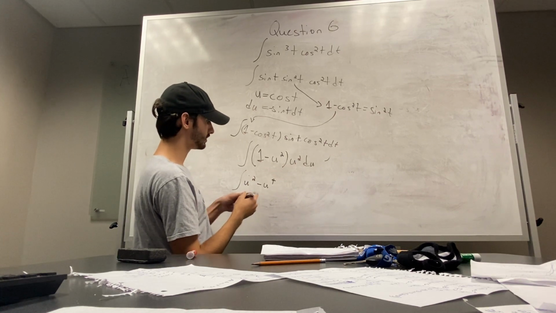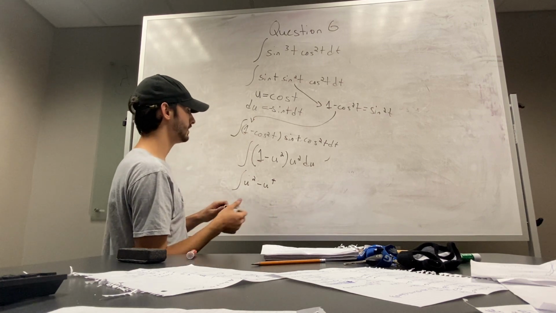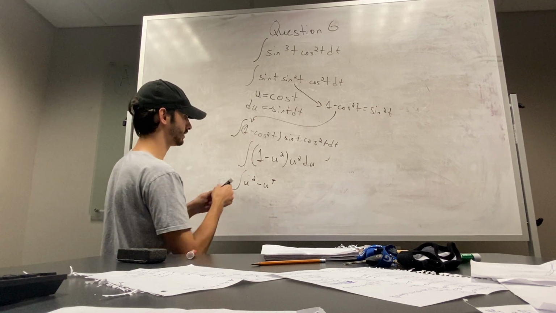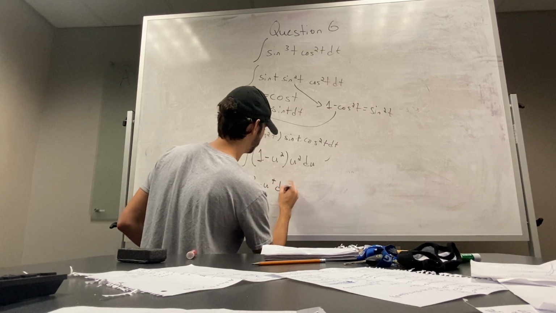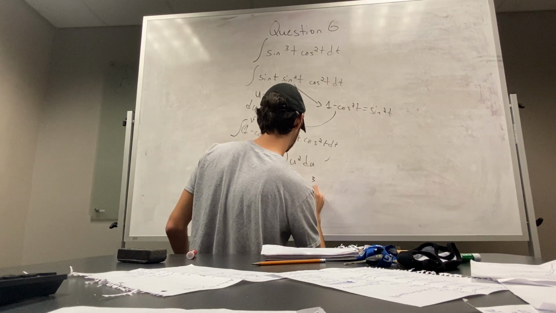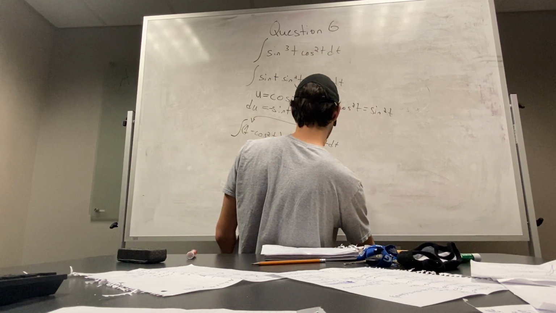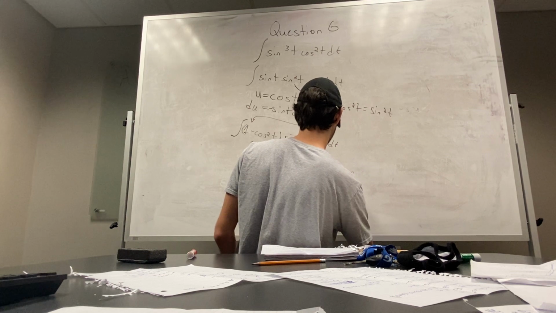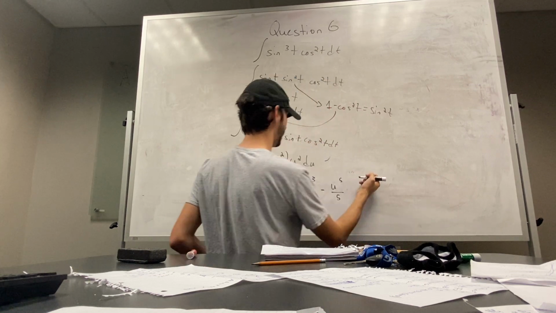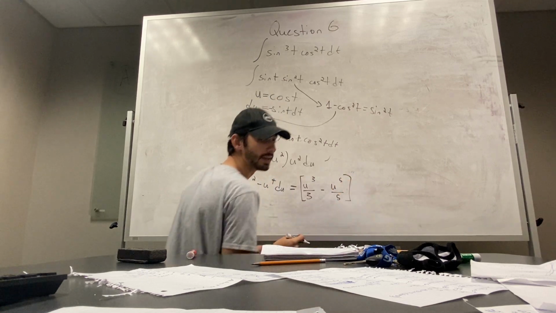And we can switch these values around if you wanted to, but personally I'm going to keep them the same. du, and that's going to equal u cubed over 3 minus u to the fifth over 5. And we have integrated our formula now.